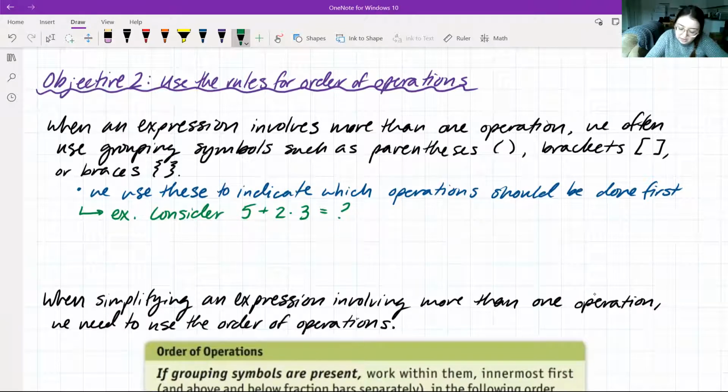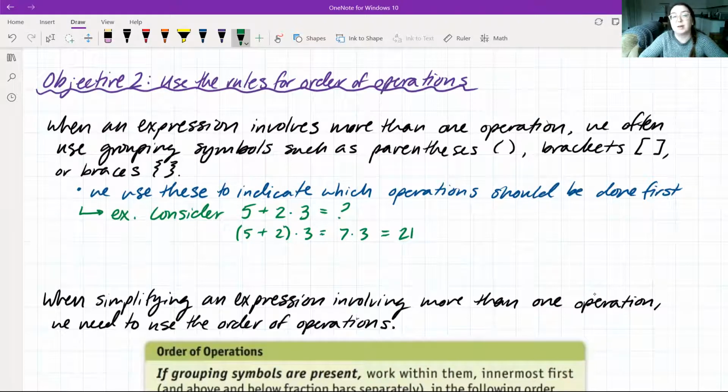So what we can do is add parentheses. Let's say we add parentheses around 5 plus 2. What we're going to do is calculate whatever's in our parentheses first. So 5 plus 2 in this case is going to be 7. So this is equal to 7 times 3, which is equal to 21.